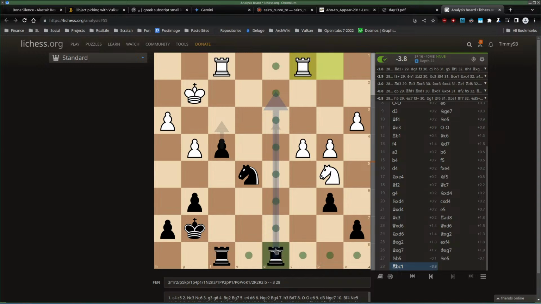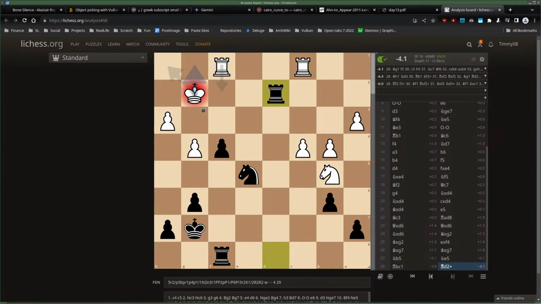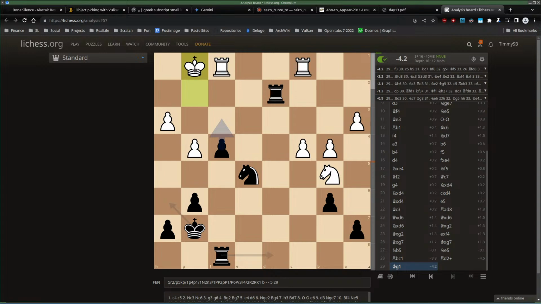But yeah, the problem is, now I give check, and then the king is cut off. Because you can't put the rook here, of course, and I just take it and take back, and you lose the rook with a fork. Because of the knight. So he must go back. And then he has a really bad king position.